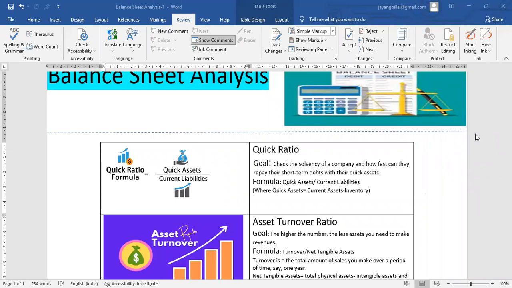In this video, we will look into the world of balance sheet analysis, a very crucial aspect of financial evaluation for individuals, investors, and all businesses alike.